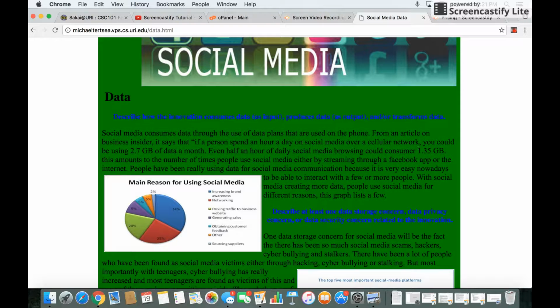Even half an hour of daily social media browsing could consume 1.35 GB. People have been really using data for social media communication because it is very easy nowadays to interact with a few or more people.